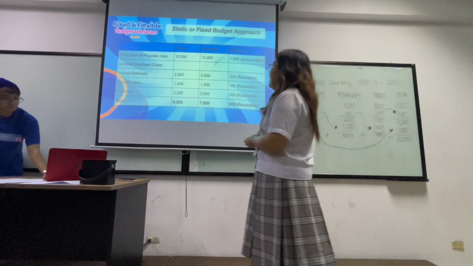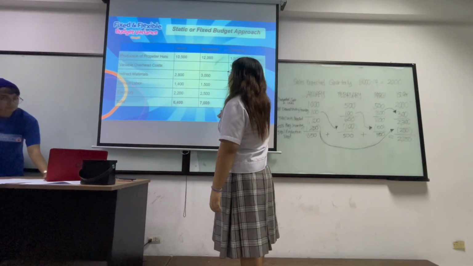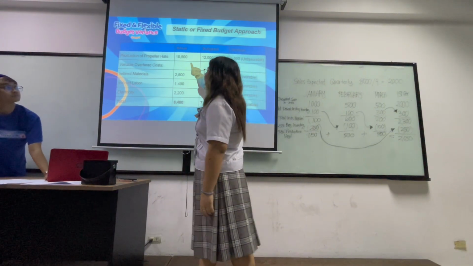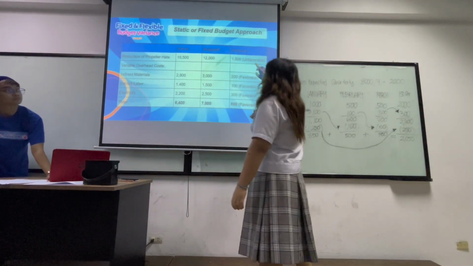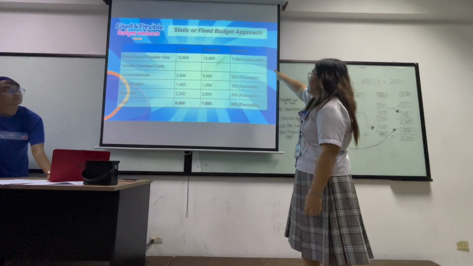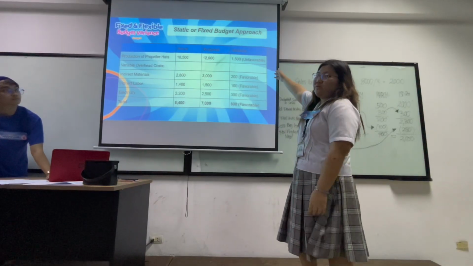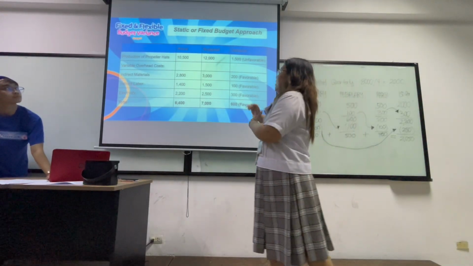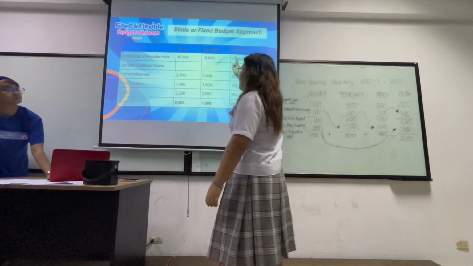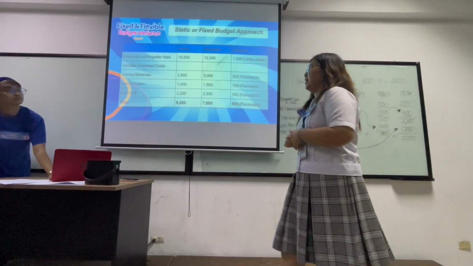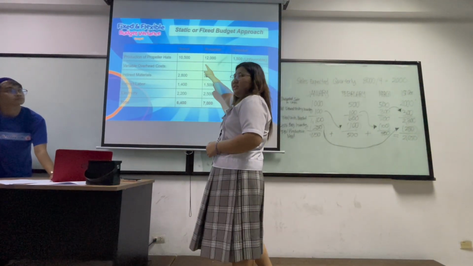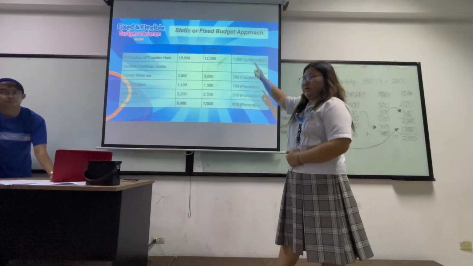So, since yung budgeted production units natin is 12,000 and yung actual is 10,500, meron tayong variance na 1,500. So, unfavorable yon. Bakit siya unfavorable? Di ba usually, pag mababa yung actual kesa sa budgeted, that's favorable. Pero kasi, production to. So, the less you produce, the less profit na ma-earn mo.